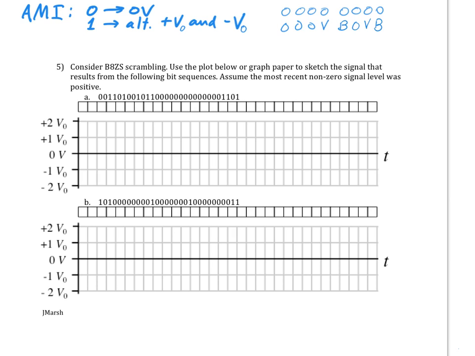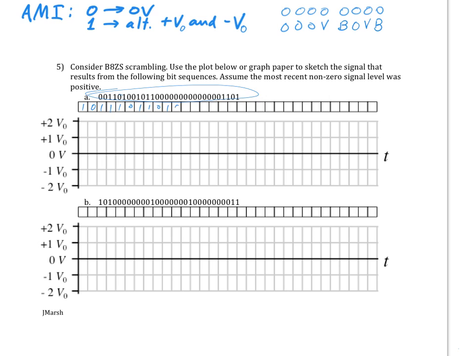AMI encoding. So for example, let me just do this example down here and show you how this works. This is a homework problem, and I'm going to fill in some different bits into the spaces here. So let's suppose I got a 1, 0, 1, 1, 1, 0, 1, 1, 0, 1.